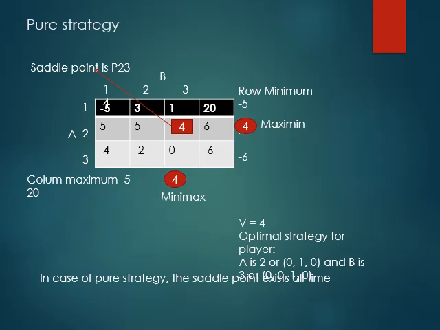Okay. So the result of this operation is that maximin equals 4 equals minimax equals 4.